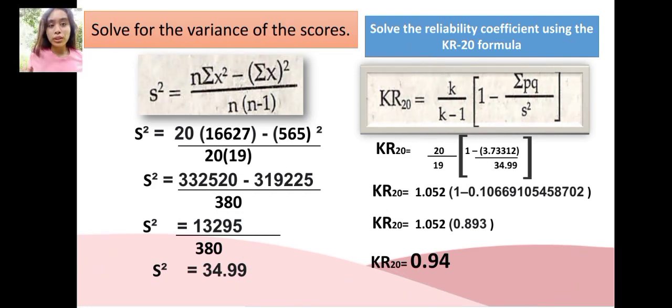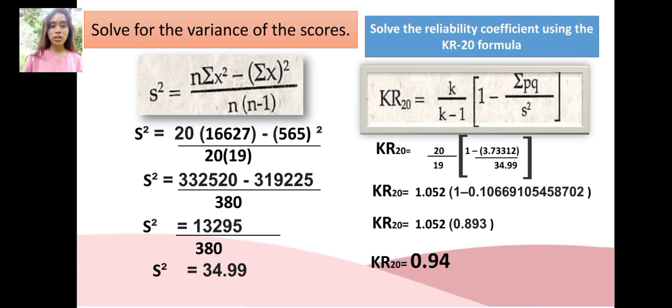So let's solve for the variance of the scores. Our number of items is 20 and our summation of the squared scores is 16627, then copy the negative sign, and then our summation of x is 565, then copy the squared. So we are now going to compute first 20 times 16627 is equal to 332540.